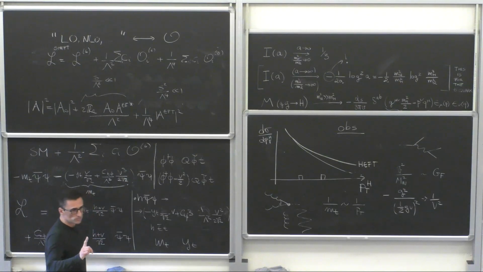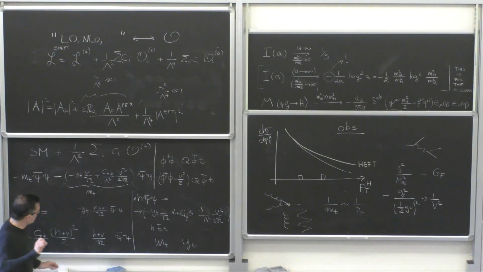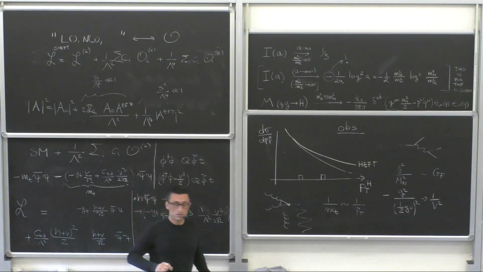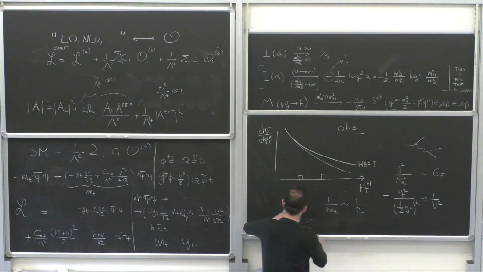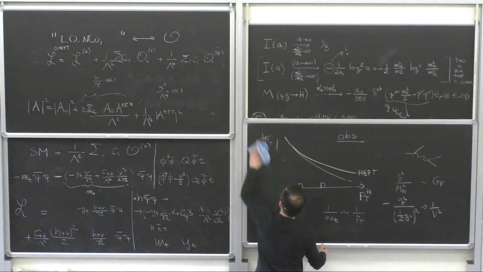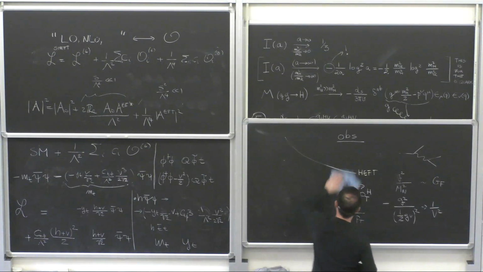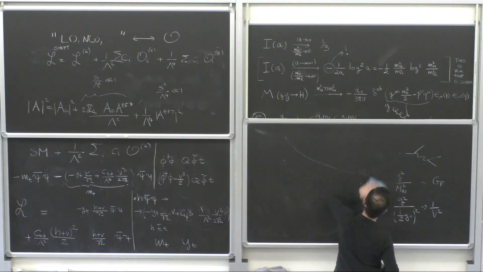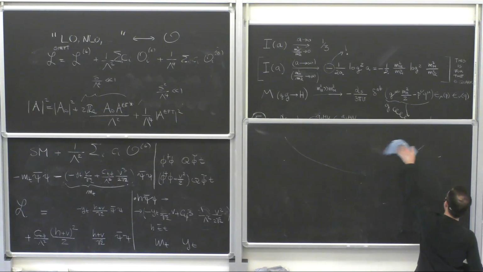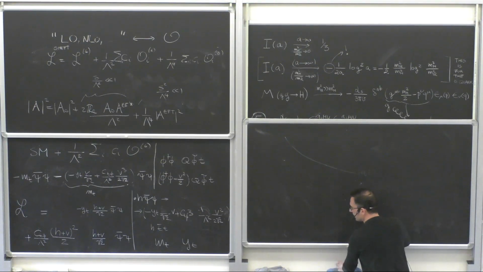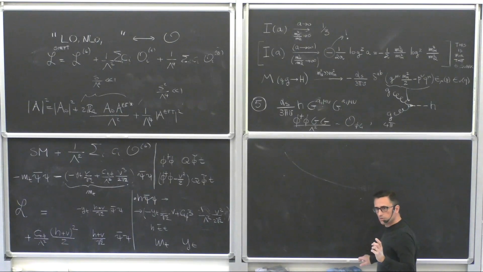However, and this is very important, there is something which you might have noticed now, which is absolutely non-trivial, that we have to keep into account, and is really now a prediction of this math.